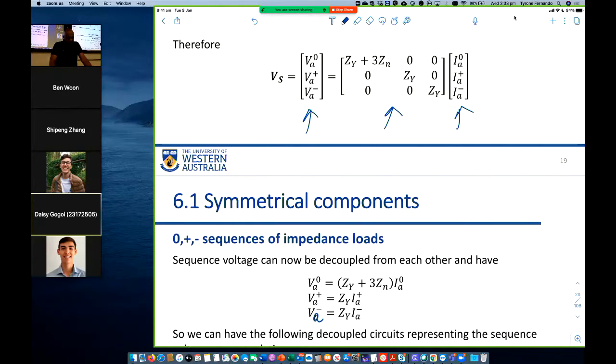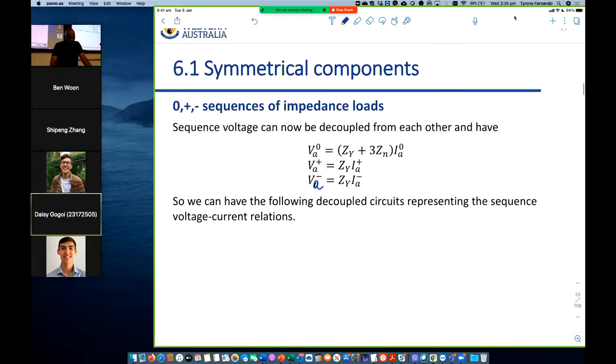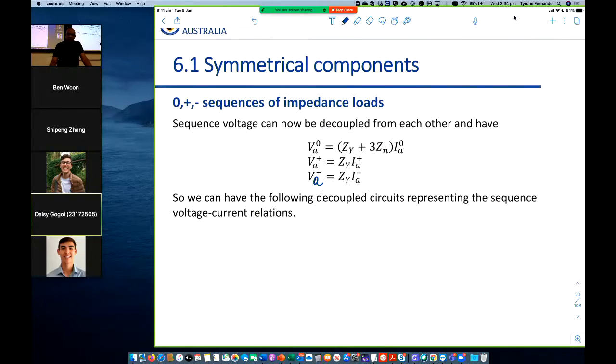Positive sequence voltage is Zy times the positive sequence current. Negative sequence voltage is Zy times the negative sequence current. Just expanding the matrix, off diagonal terms are all 0. So we can now, based on these three equations, they are decoupled. We can draw three separate circuits.